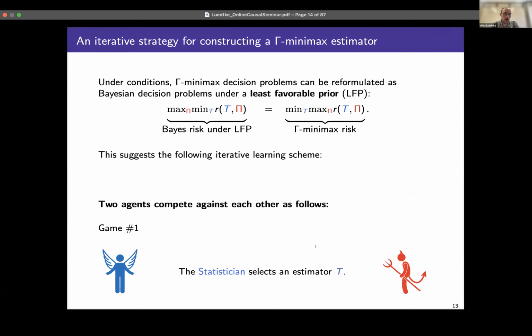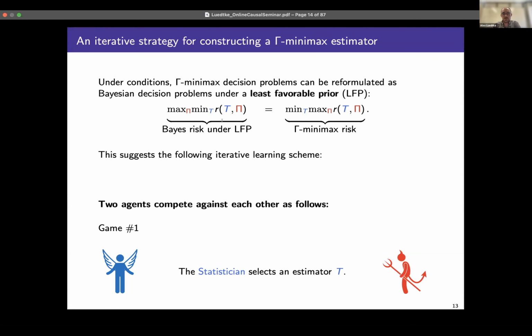Under some conditions, we can reformulate gamma minimax decision problems as Bayesian decision problems under a least favorable prior. On the right-hand side here, I have the gamma minimax risk. I'm taking the minimum over all estimators and then the maximum over all priors. This corresponds to the gamma minimax risk, the best possible risk, or the risk of a gamma minimax estimator. And on the left-hand side, I've just flipped the order of the max and min.